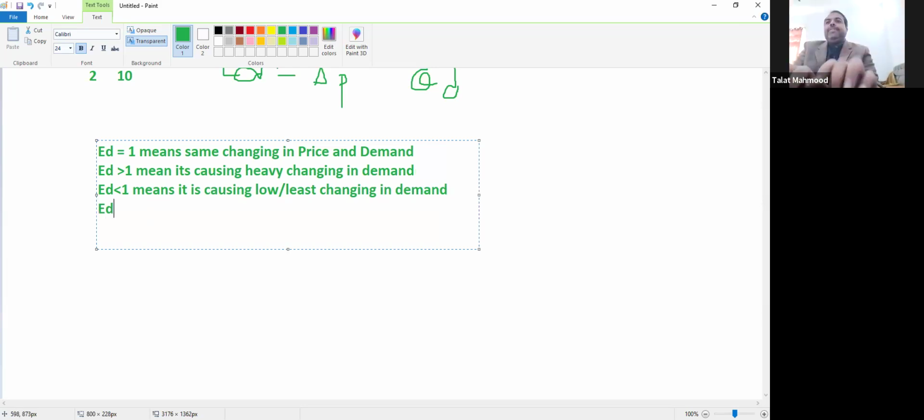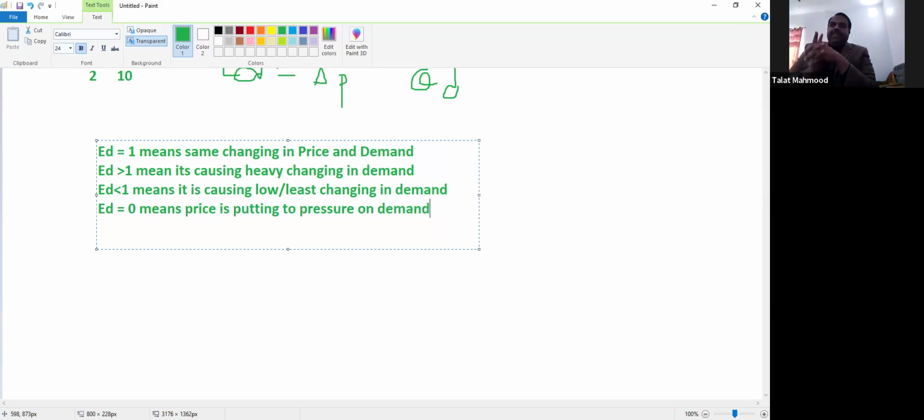If elasticity of demand is equal to 0, it means price is putting no pressure on demand. Demand is not changed by price, whether price increases or decreases. Sometimes it becomes infinite.